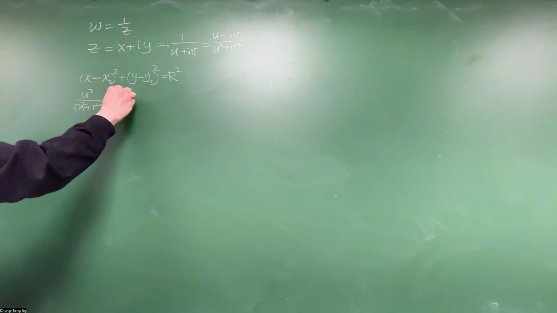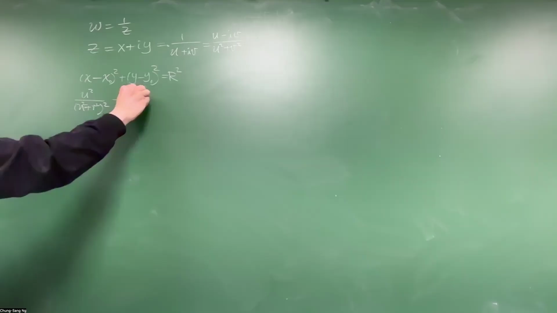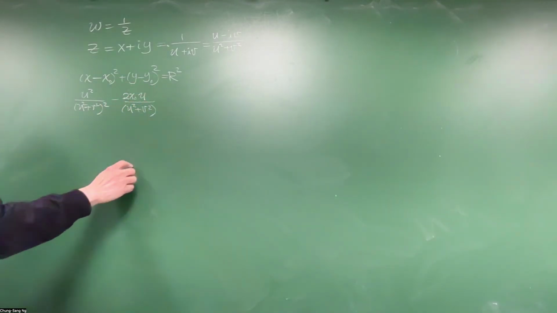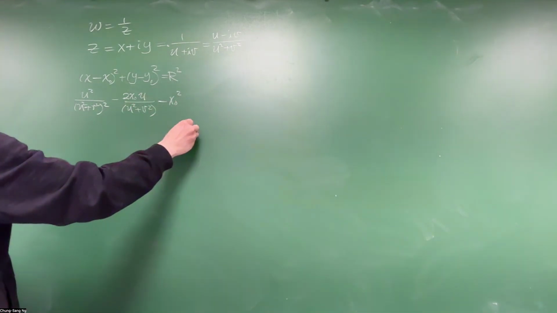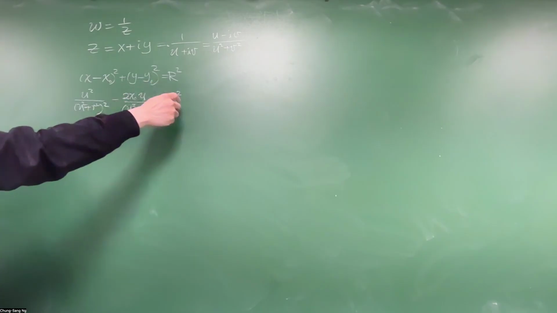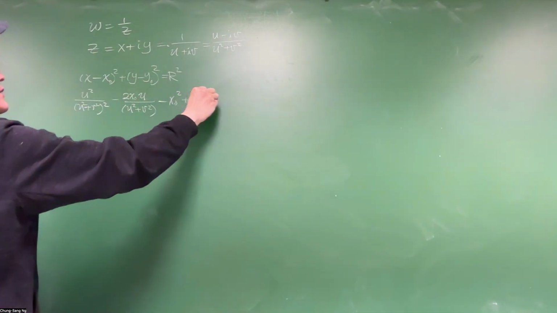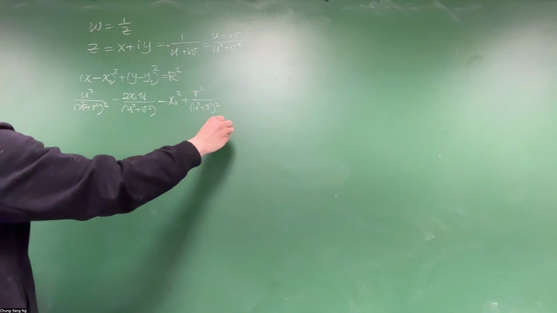Now you minus 2x0 times U over U squared plus V squared, and then plus x0 squared. And do the same thing for the second term. That's V squared over (U squared plus V squared) squared.